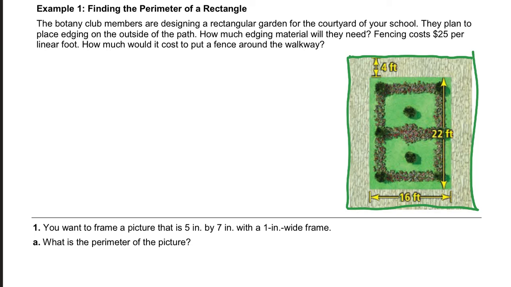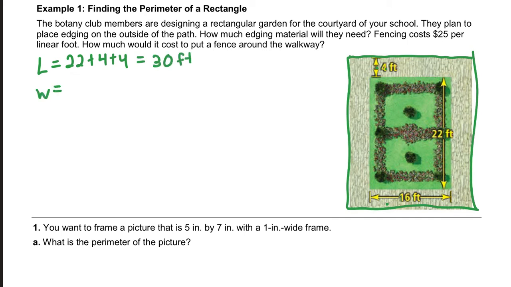If I'm talking about length and width, I like length and width a little bit better. They're interchangeable, but the length of this would be 22 plus 4 plus 4, because this is a 4-foot edge, and it's here on the top and the bottom. So the length of it would be 30 feet, okay?